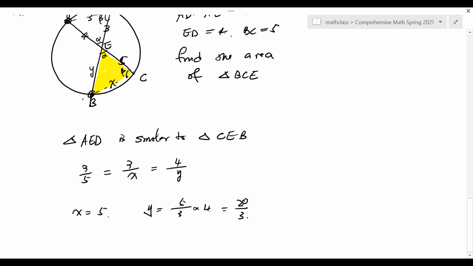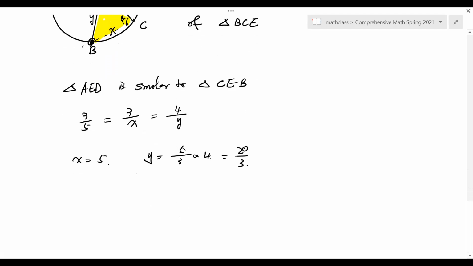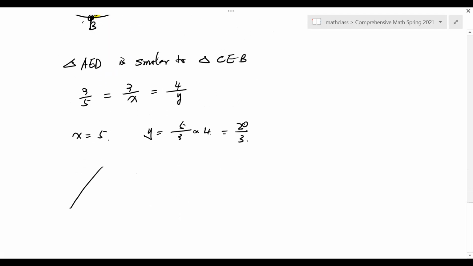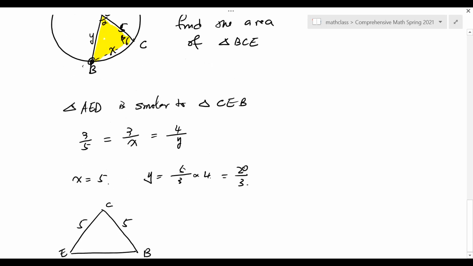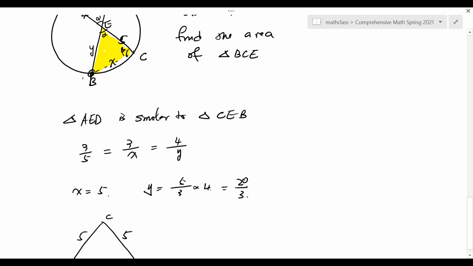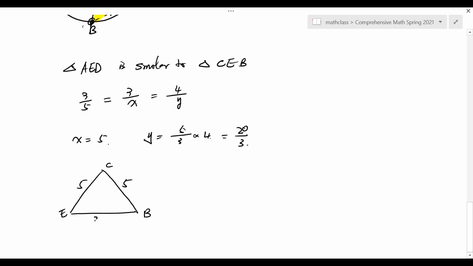So you get X and Y. Actually, you got an isosceles triangle. So this is E, that's C, that is B. Here's a 5 and the 5. BC is 5, so EC is 5, as already given, and the other side is 20 over 3.